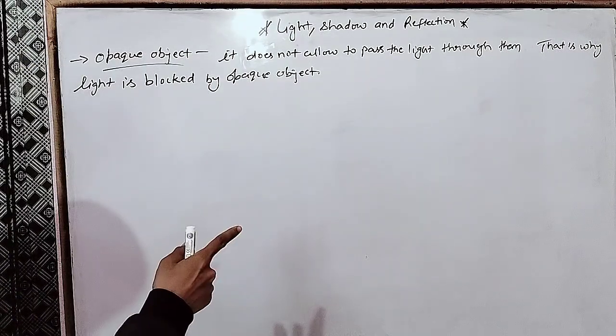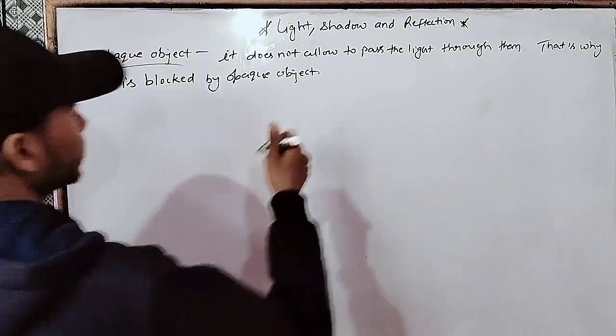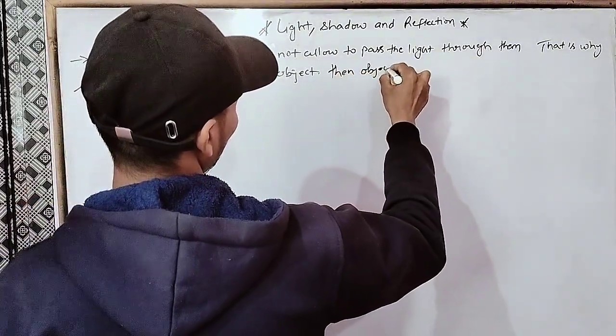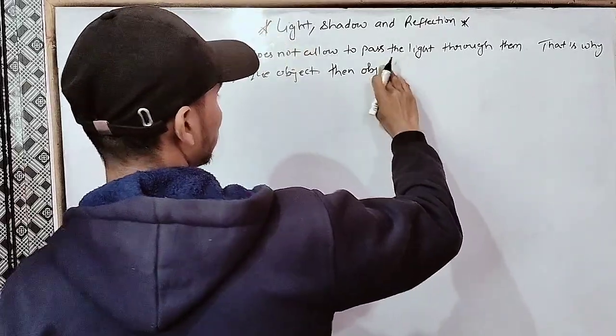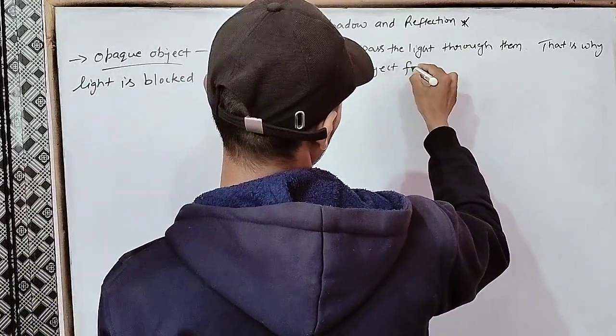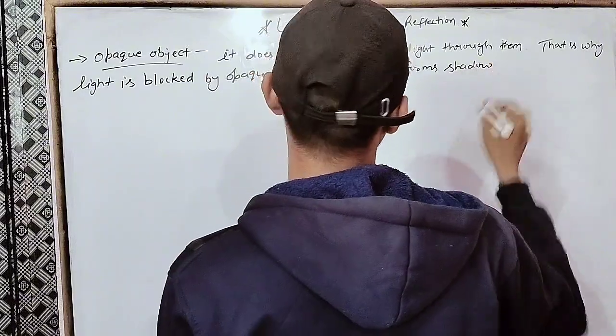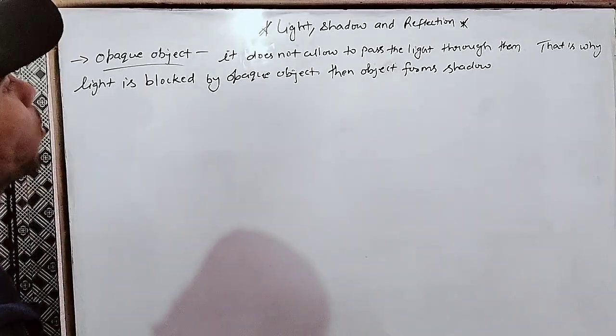Light is blocked by the object, then the object forms a shadow. Light is blocked by the opaque object, then the object forms a shadow.